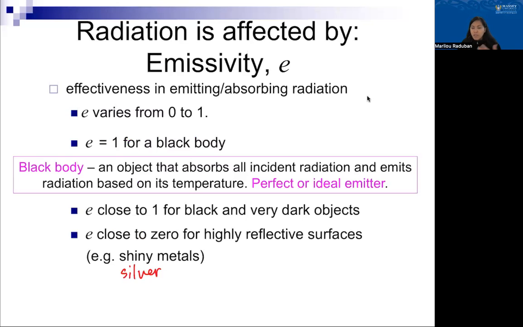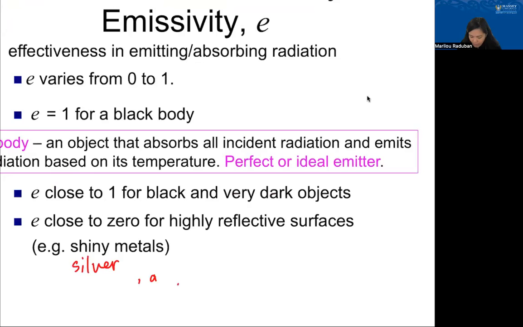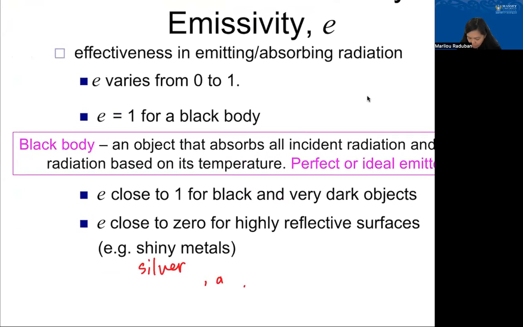So mirrors are essentially coated with aluminum or silver. Aluminum would also be a good example of an object with emissivity close to 0.